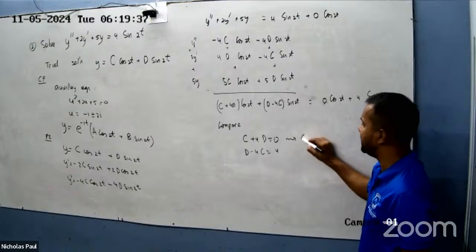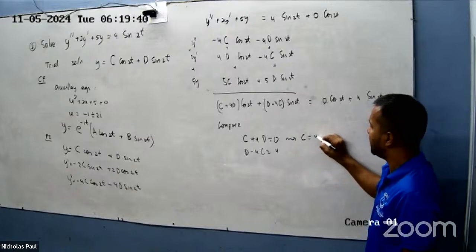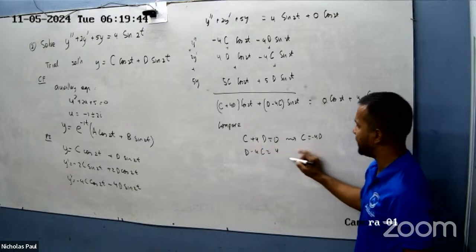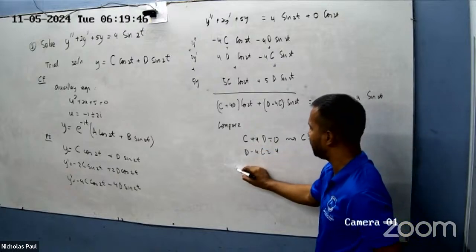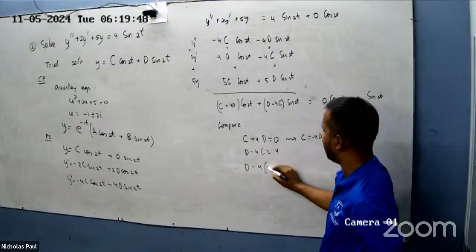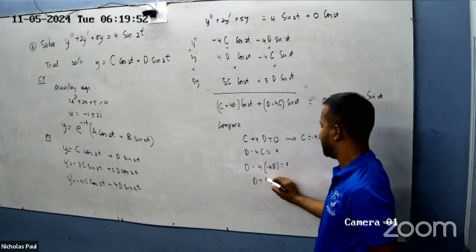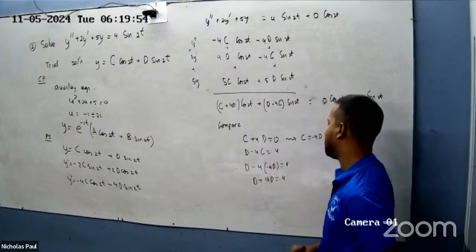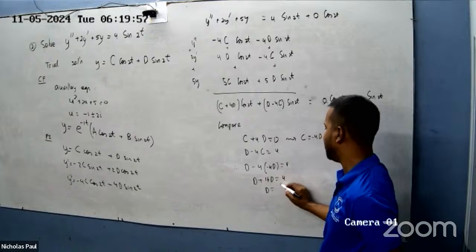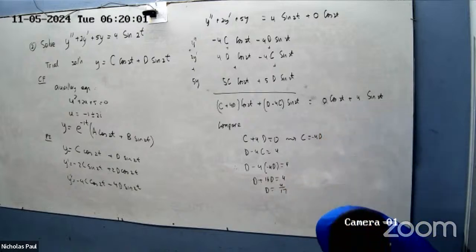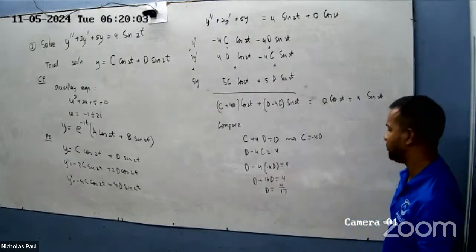So I can easily find c. C is minus 4d, I can make c the subject here. Therefore, d minus 4 times minus 4d is 4. So d plus 16d is 4. So I got d to be 4 on 17. Right? That was the answer. D is 4 on 17.